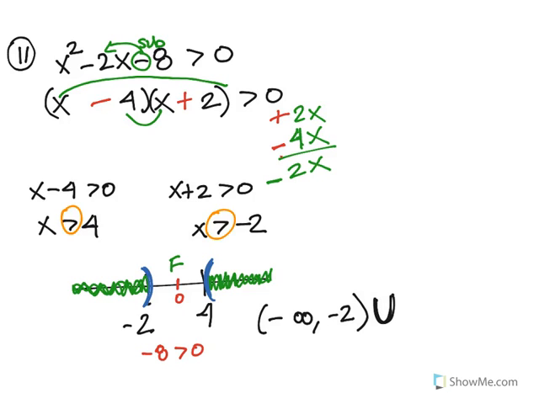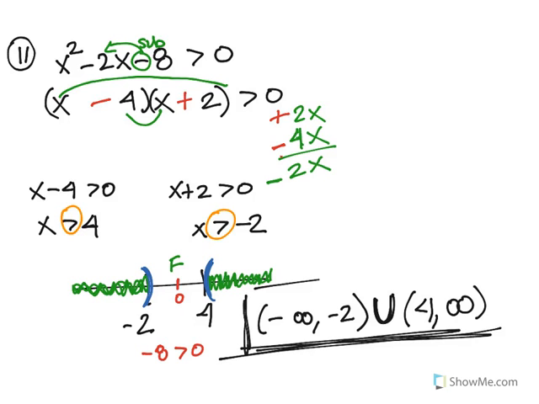And I put a U, that union sign, and there's an actual union symbol on the computer. Don't type a capital U on the keyboard. Okay, make sure y'all use the actual symbol. And then it's going to pick back up with parenthesis 4 to positive infinity. It's going to ask you to put that interval in the blank. And so that's the interval notation that it's looking for, okay?